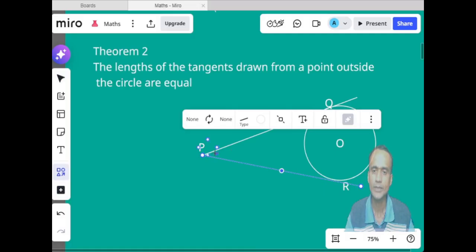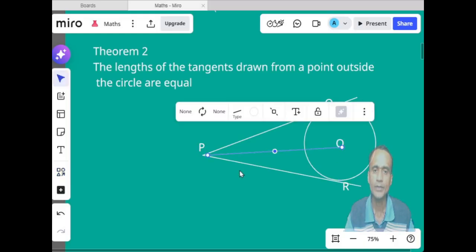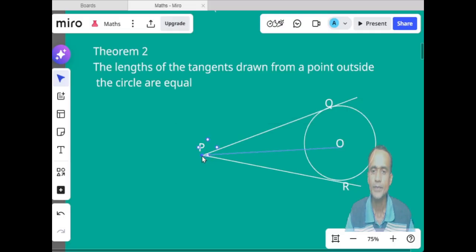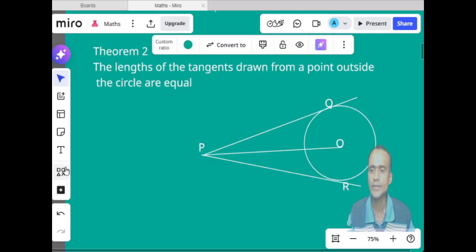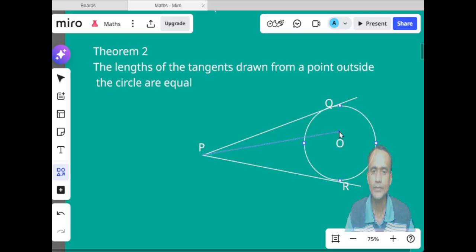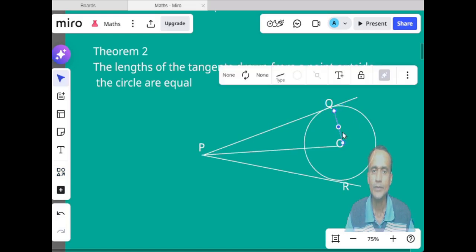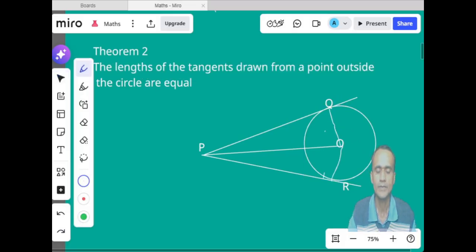One thing that I do is I join the point P to the center of the circle, and from the center of the circle I draw radii which touch the point of contact of the tangent.